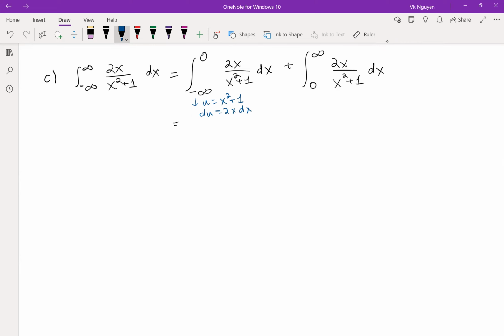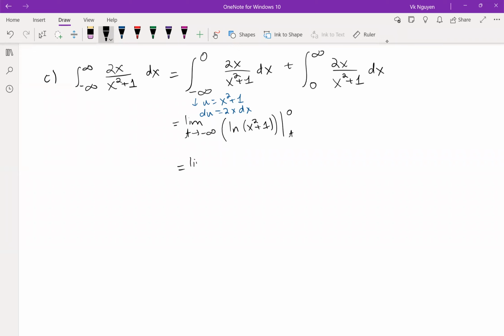And this would be the limit as t goes to negative infinity of ln of x squared plus 1, going from t to 0.